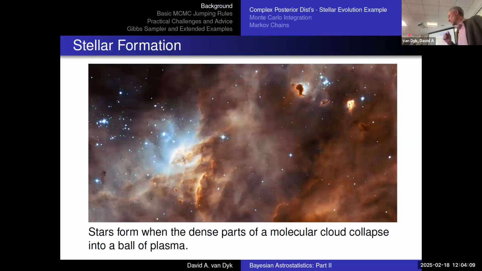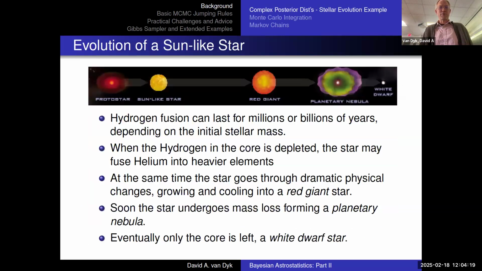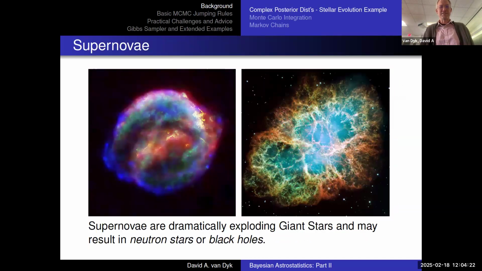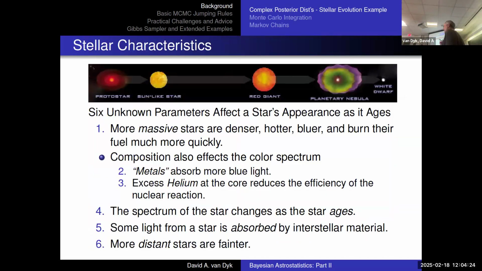Okay, so I have an example here. These slides are designed for a mixed audience of statisticians and astronomers. So I'm not going to try to be the statistician explaining astronomy to you all, and I'll skip over some of the details about how stars evolve and skip up to the modeling bit. This is a project that I've been working on for a number of years, where we are trying to model the evolution of stars in clusters.